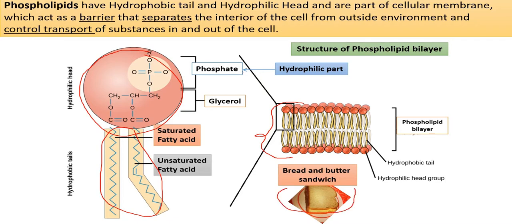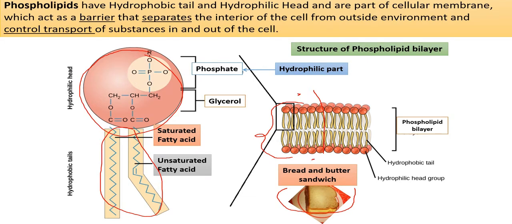The main function of the phospholipids is that they provide a barrier. Nothing can easily penetrate through this bilayer of phospholipids, so they separate the inside of the cell from the outside of the cell.